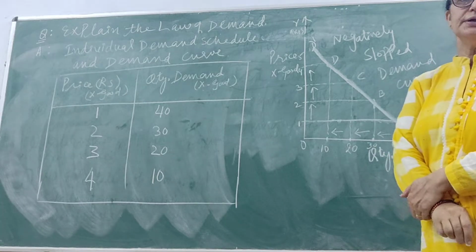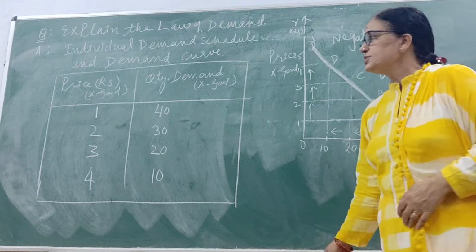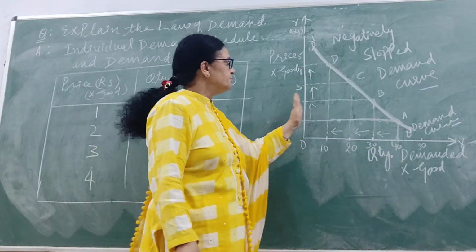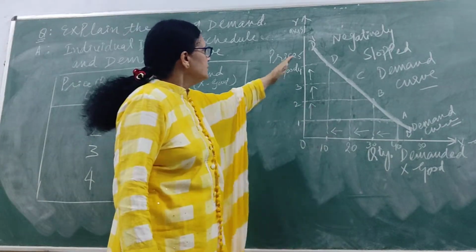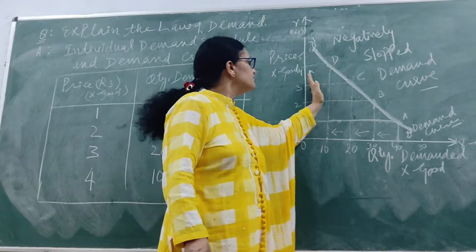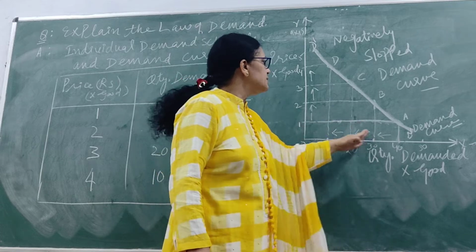So individual demand schedule and individual demand curve shows negative relation between the quantity demanded and price, which has been graphically presented here. The negative relation means this curve is negatively sloping from left to the right. As the price is increasing, the demand is falling.